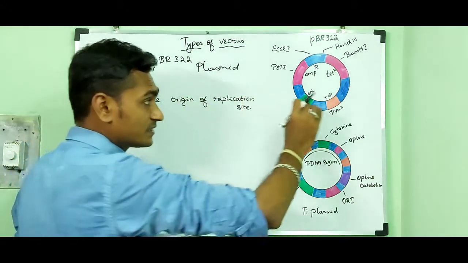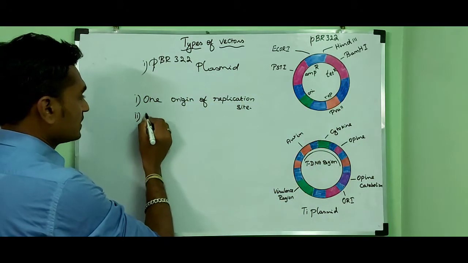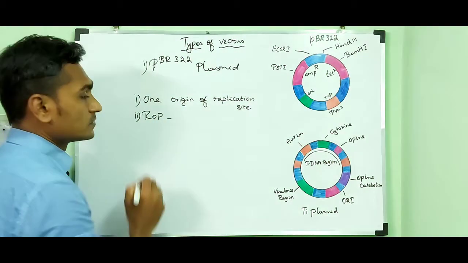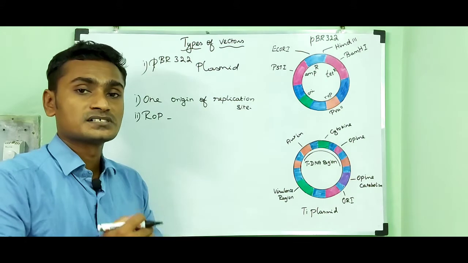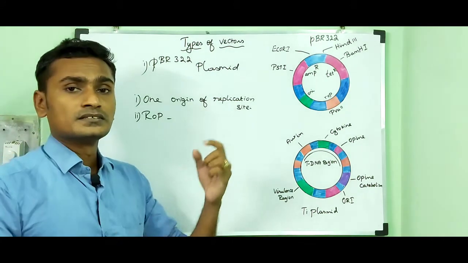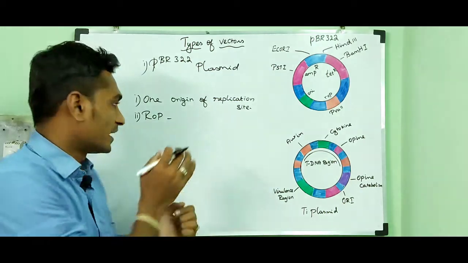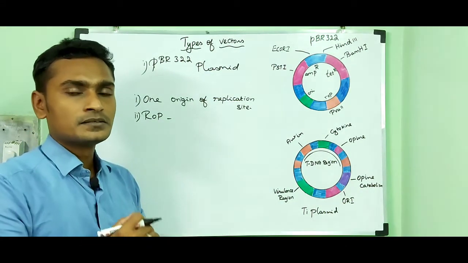Then it must contain ROP, that means replication protein. With the help of this protein only, the replication process gets initiated, because the DNA polymerase binds with this protein and initiates the replication process.